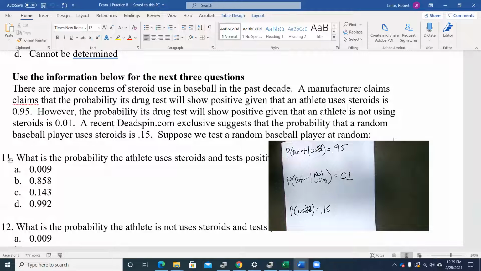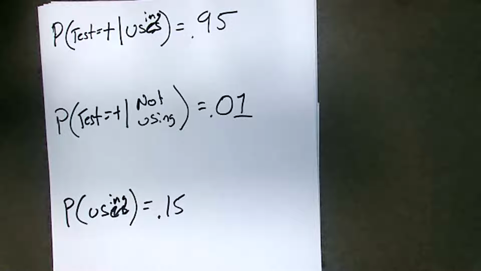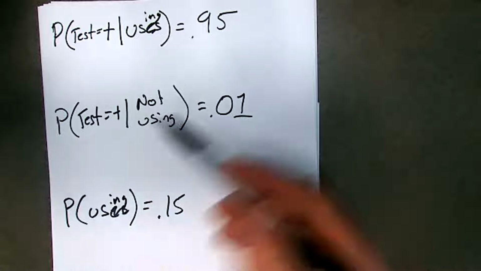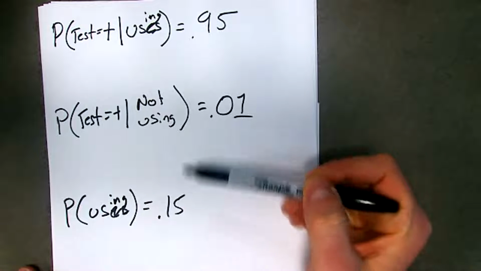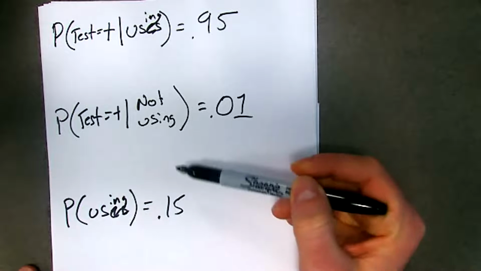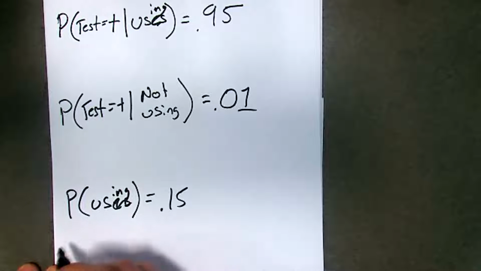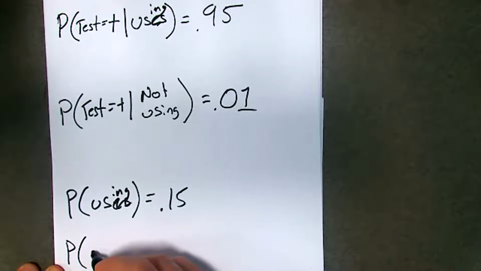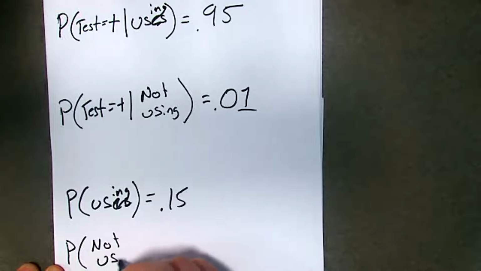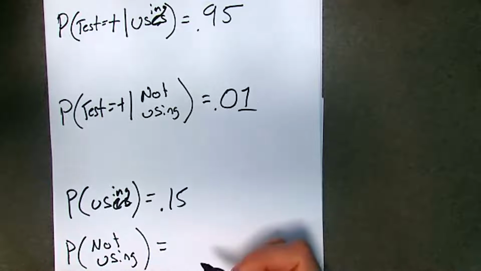Okay. So one thing that we could do is, anytime I'm given a probability, there's a complementary probability I could find. The easiest one to think about is if I know that the probability someone is using a steroid is 0.15, what's the probability that they're not using?